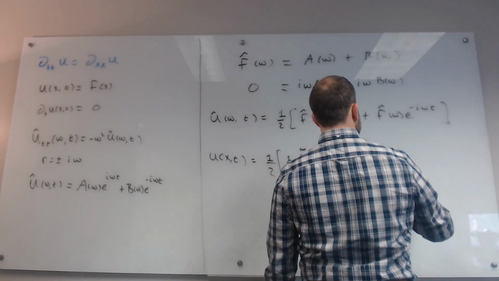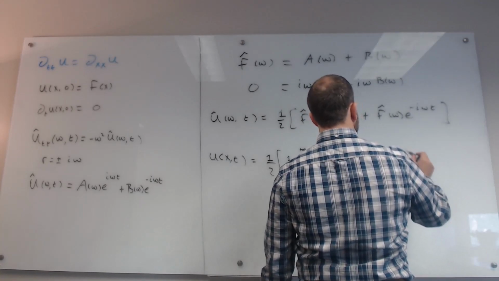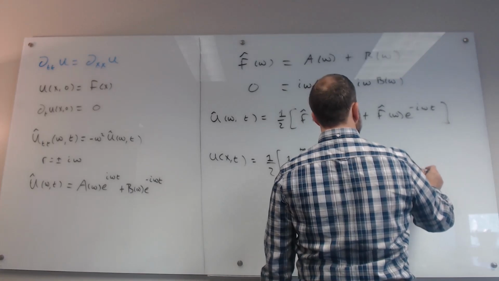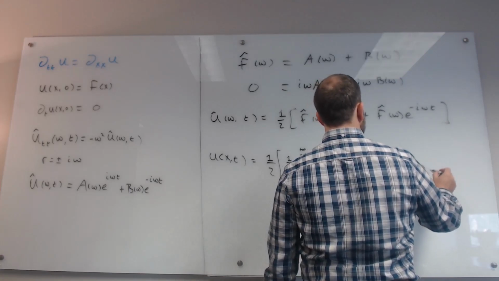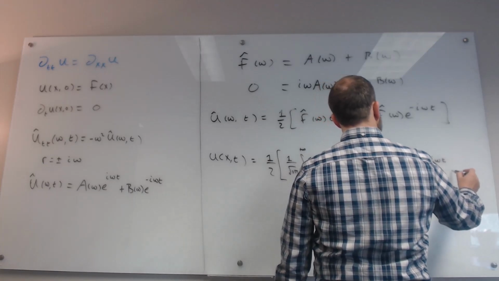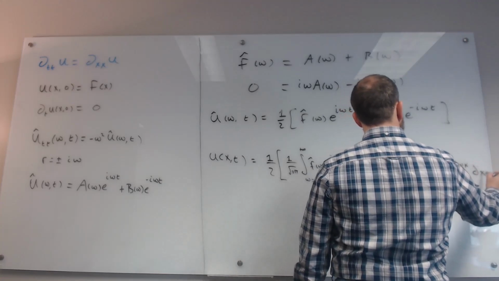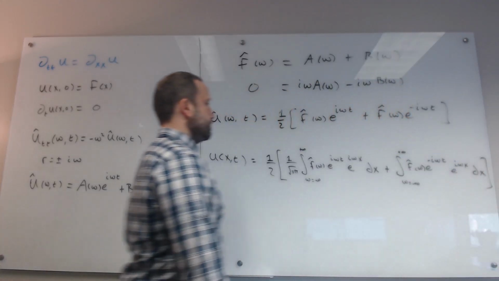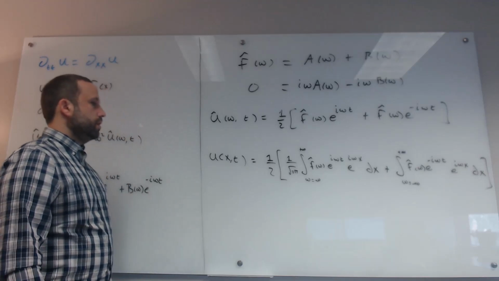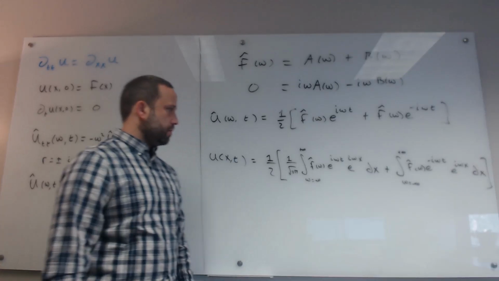And then plus something similar over here. It's going to be plus the integral from omega equals minus infinity to positive infinity of f hat of omega times e to the minus i omega t e to the i omega x, d omega. Now, because I want the room down here below, I'm going to make some adjustments up here.